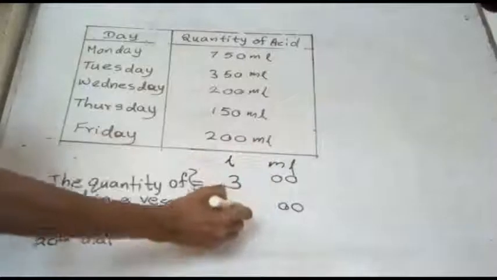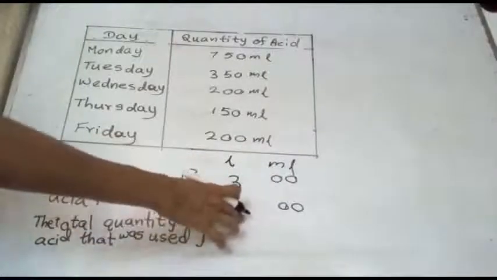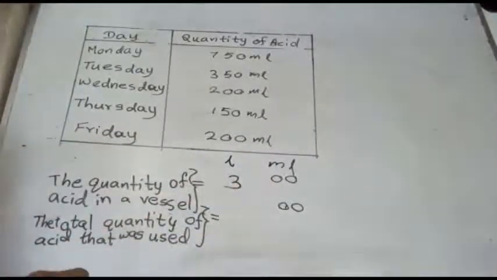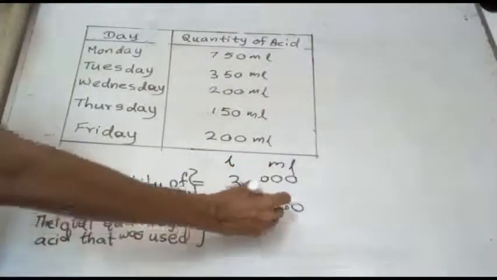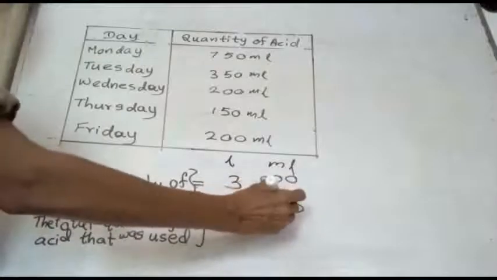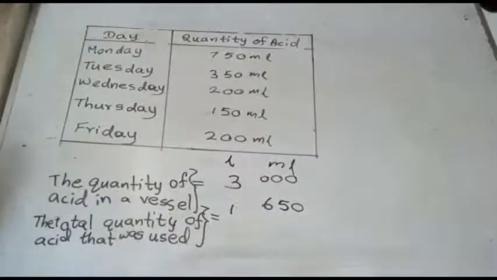What is the answer for this latest question? The total quantity of acid that was used. Yes, Puta? 1650 milliliters. Yes, 1 liter and 650 milliliters.